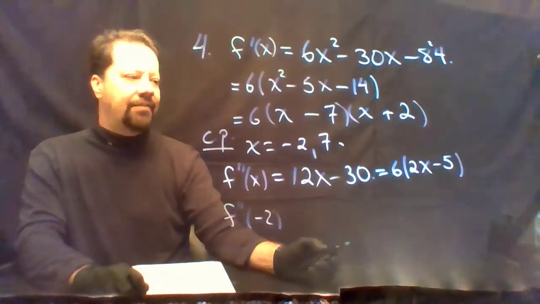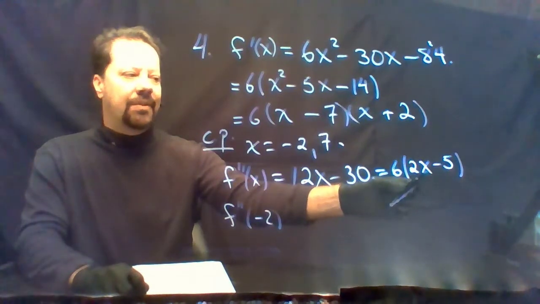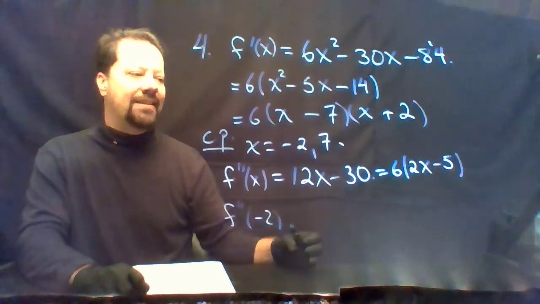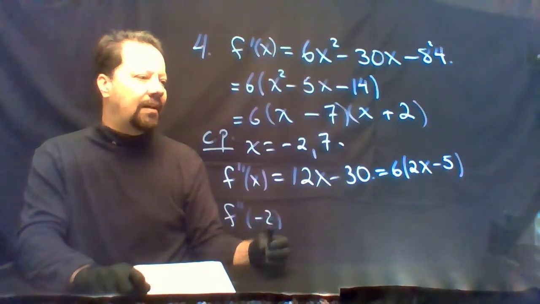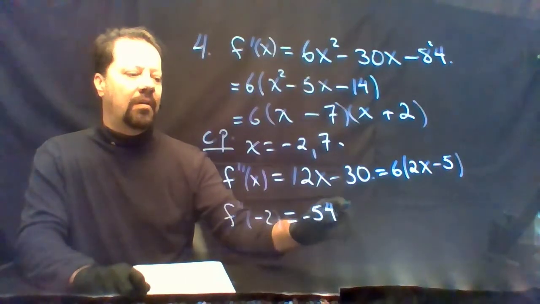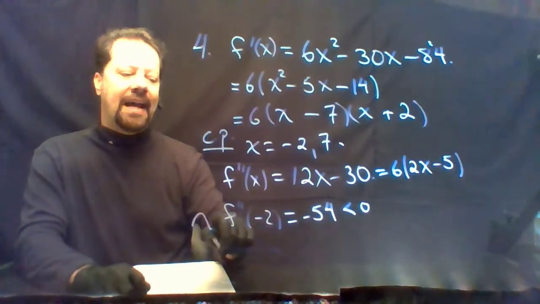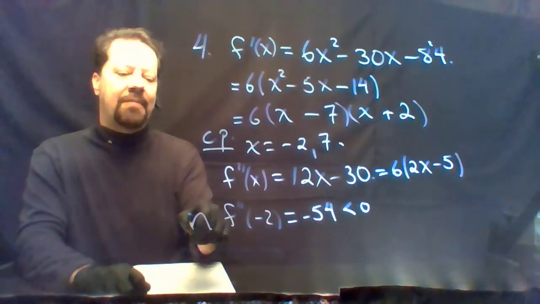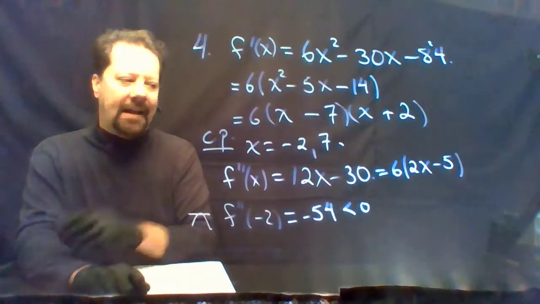Evaluating at -2, we'll have 2 times -2 is -4 minus 5 is -9 times 6 is -54. In particular, that's negative, which means you're concave down at -2, and that means at the critical point where you have slope 0, you have a relative max.